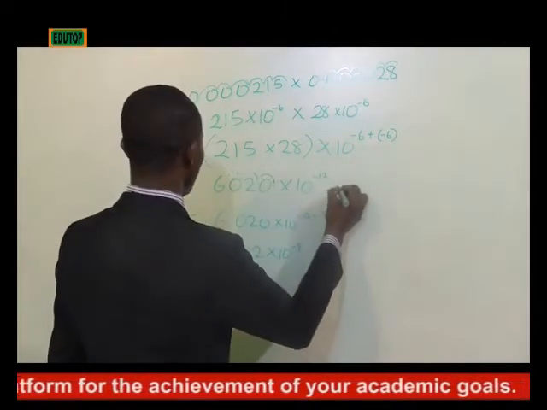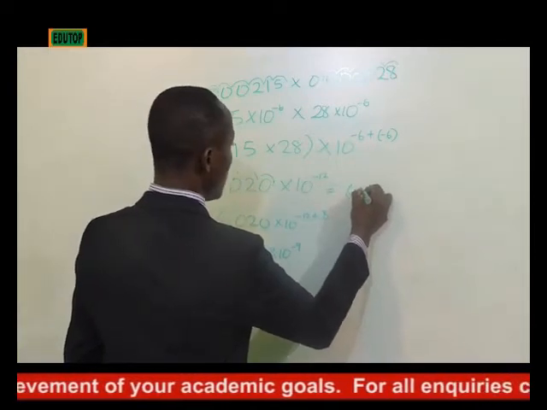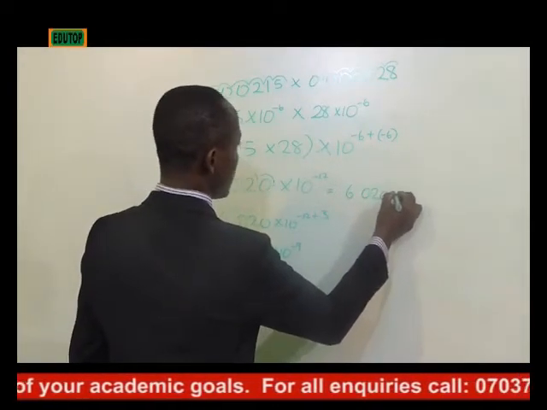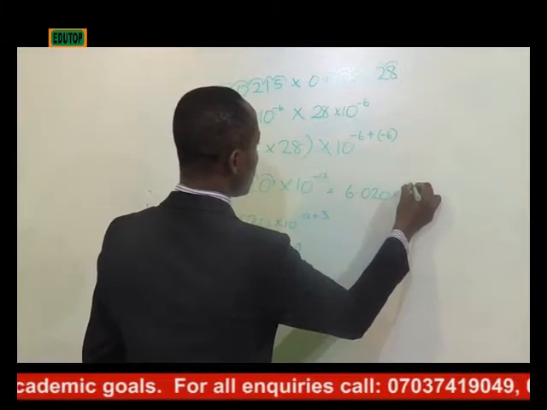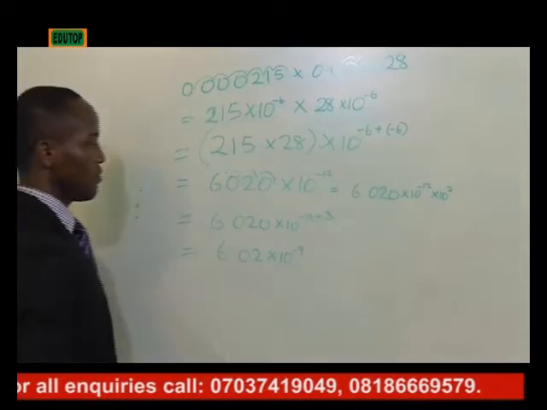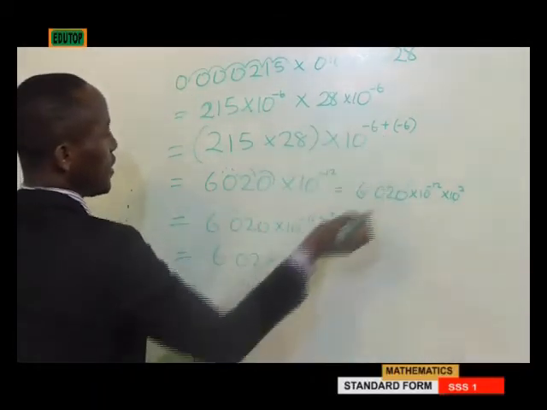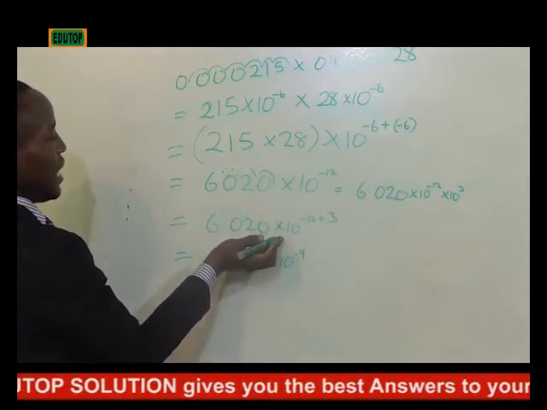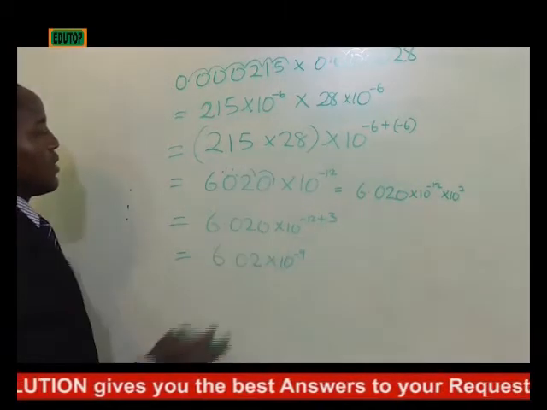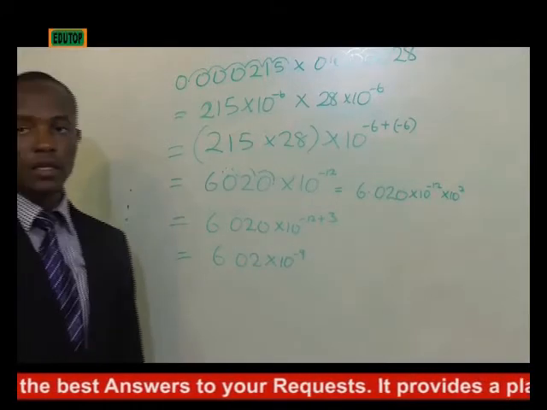We can write this as 6.020 times 10 raised to the power minus 12 times 10 raised to the power 3. Once we have something like this, just like what we did before, we bring it down to this, and then we get our final answer.